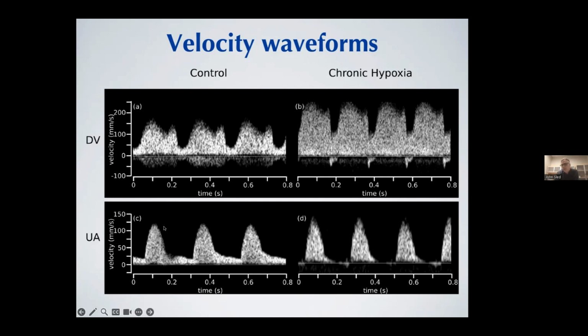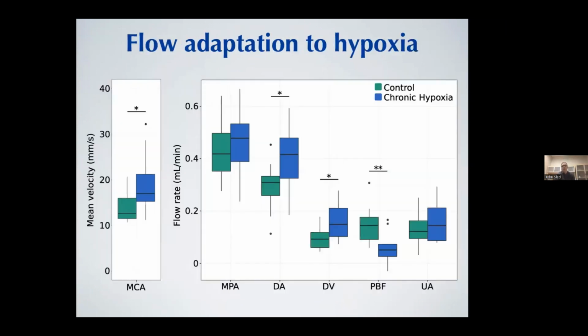Also, when we look at the umbilical artery, we're used to seeing in healthy pregnancies a waveform that has a pronounced systolic peak and then non-zero diastolic flow, whereas that's largely absent in the hypoxia-exposed mice, which is something that clinically would be associated with placental impairments or a very unhealthy fetus.